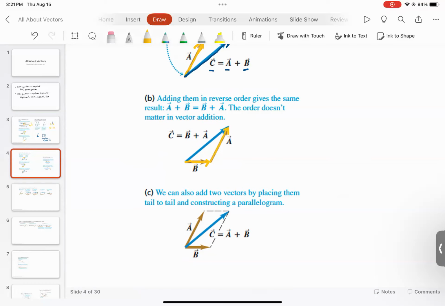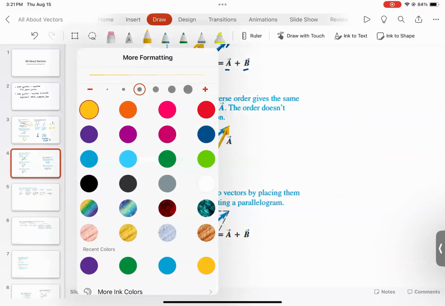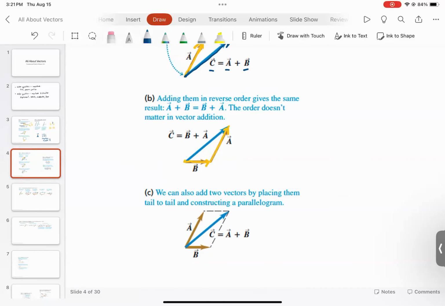And then yung buntot ngayon ng B, yung starting point, at yung ulo ng A, yung end point. So we draw a vector from the starting point to the end point. At yan ngayon yung sum ng vector B at saka vector A.